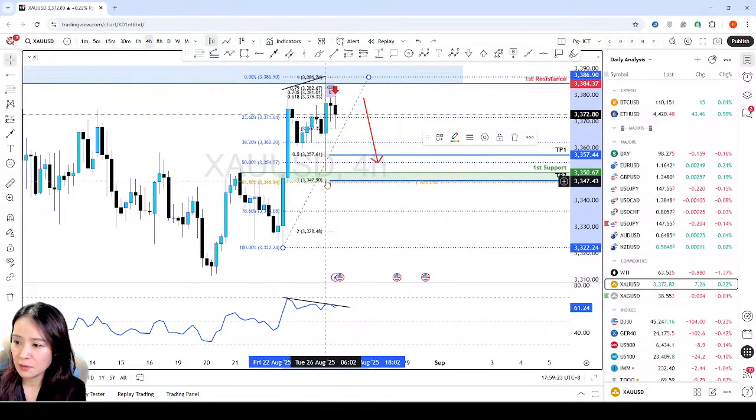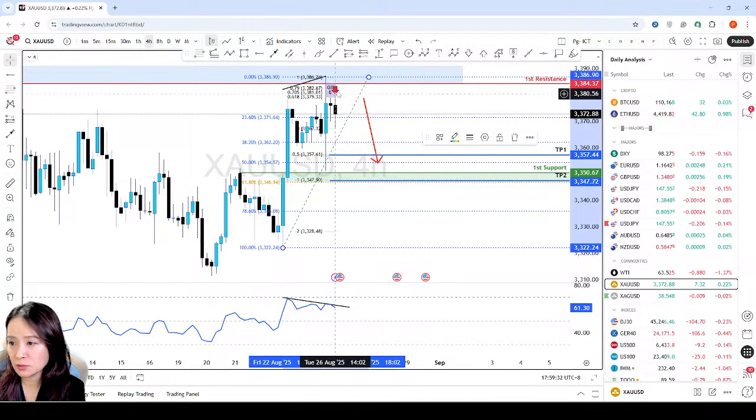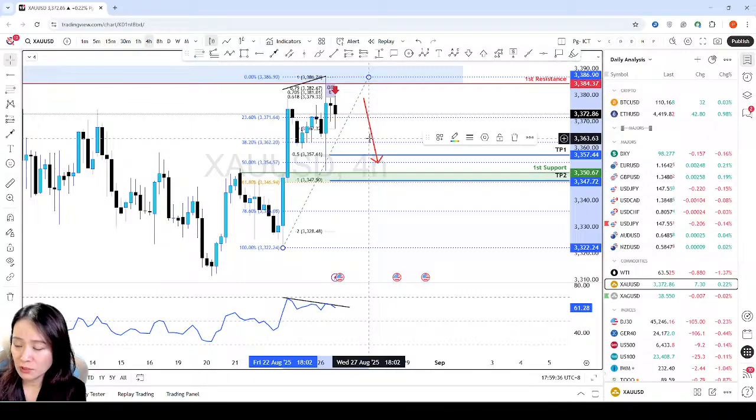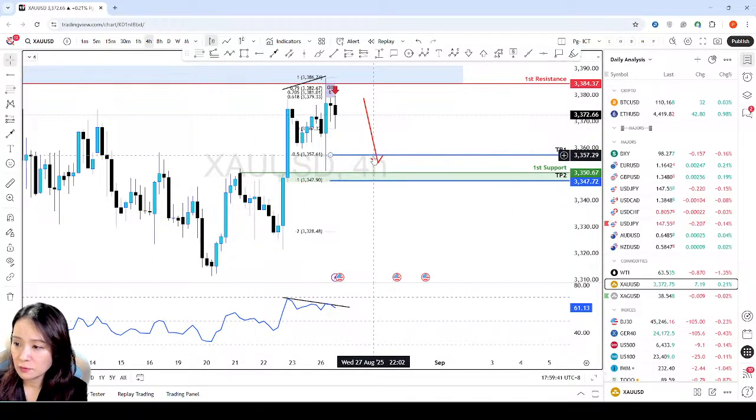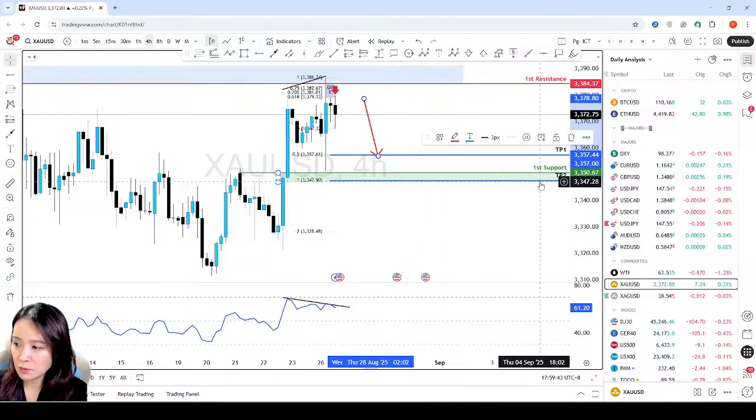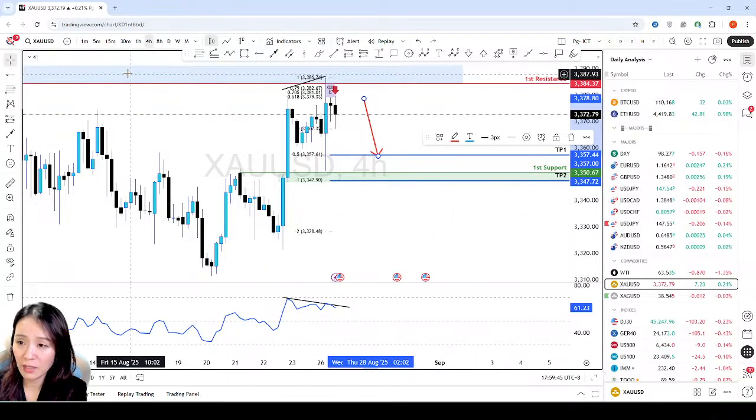So you can hold your trade. But if price is already falling, to protect your capital, you can shift your stop loss to break even. So this is going to be your TP1 here and TP2 here at the support level somewhere around there.